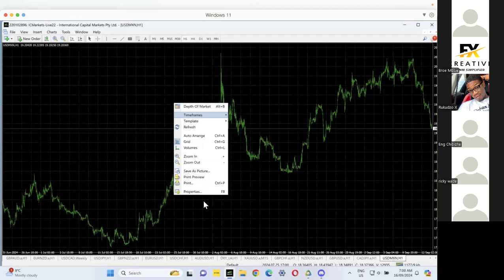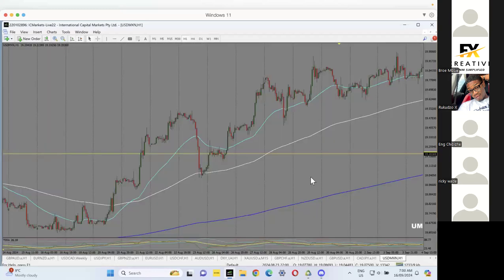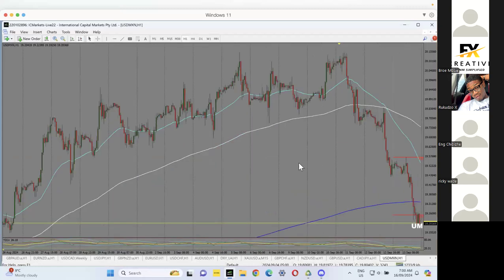This is a very nice reset, so there are not any issues here. Unfortunately, it's not on the USD MXN, but all I'm trying to show you is this, guys. All right, I'll try and use this as an example.